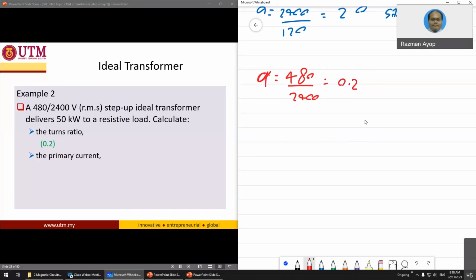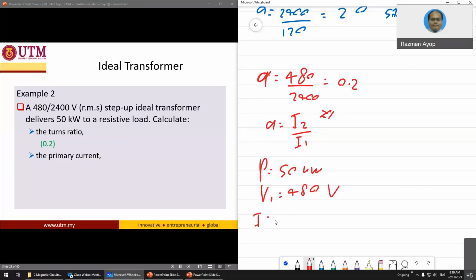How about the primary current? Remember, usually I use alpha, A equals I2 divided by I1. So how to calculate the primary current? This is an ideal transformer, and your power is 50 kilowatt, with V1 equal to 480 volt.